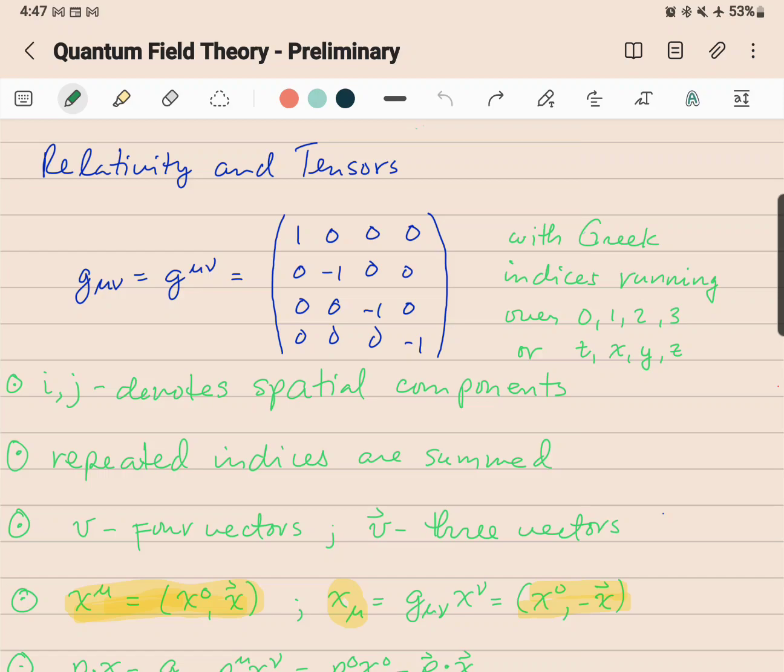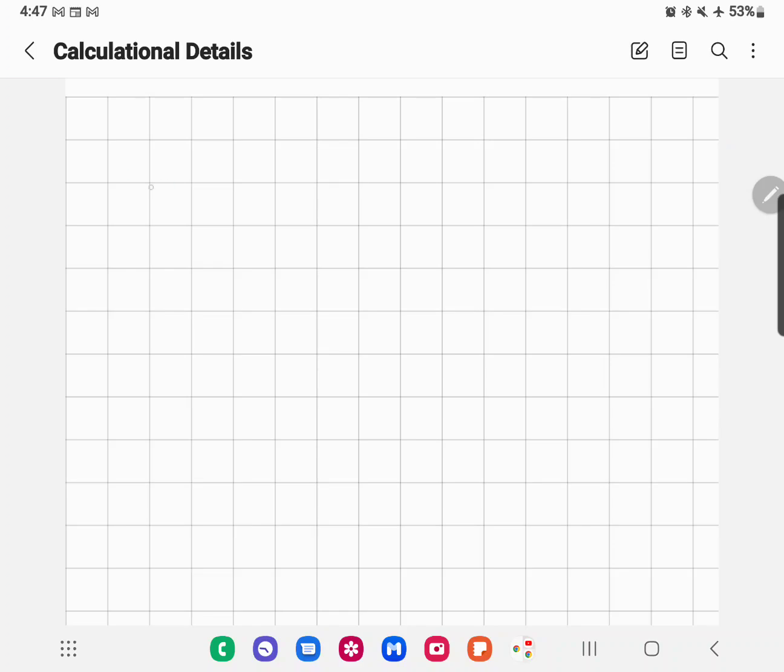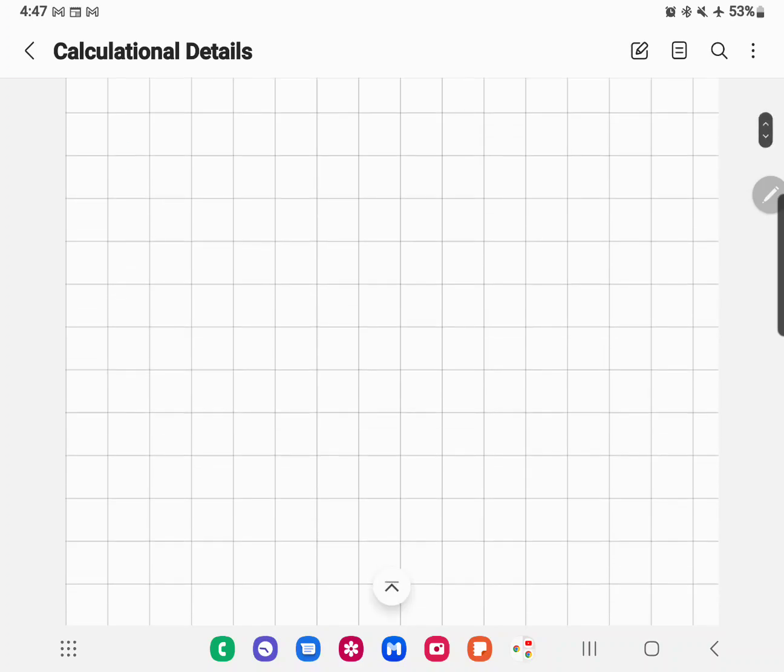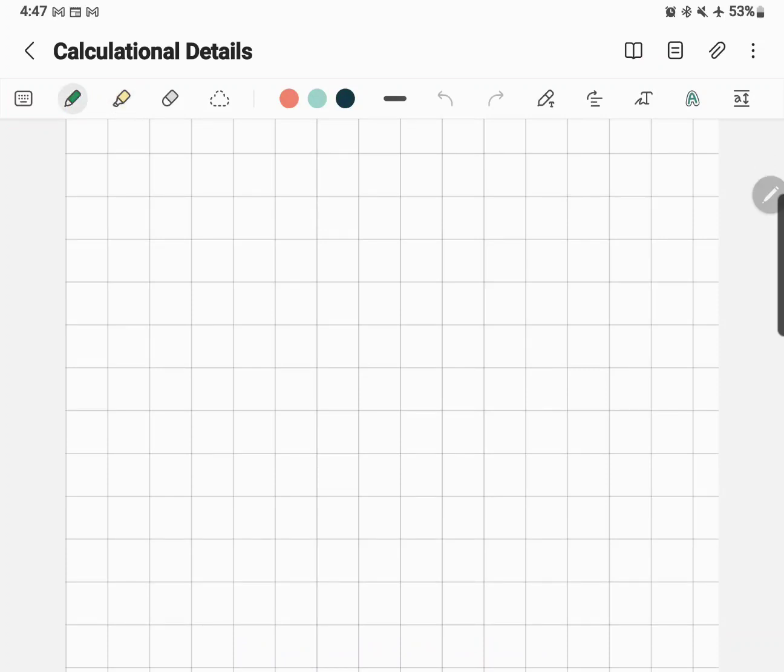So say for example you have g mu sigma, g sigma nu. This means this is a sum.